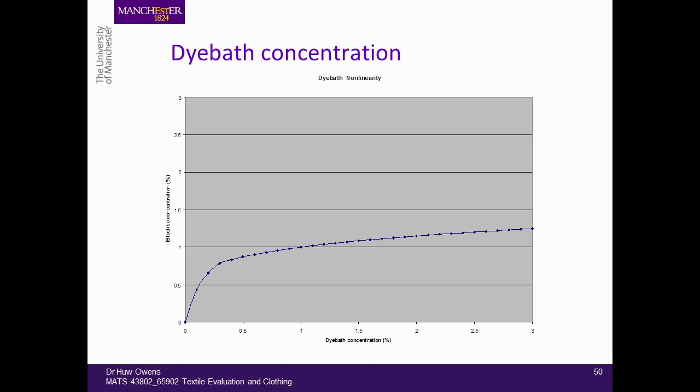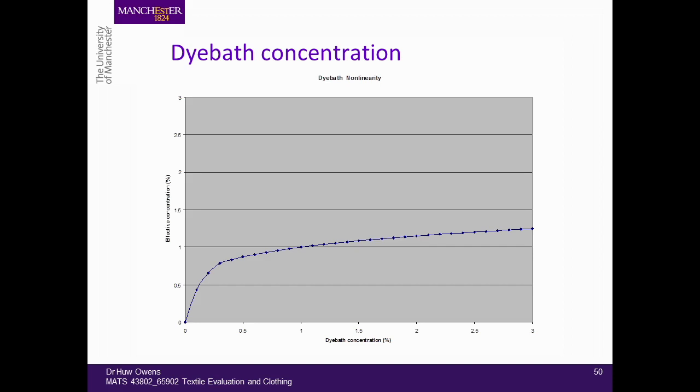One of the biggest problems that we have with dye baths is that they are nonlinear. They build up very quickly at the beginning. This is the contribution of the dye, the concentration in the dye bath. This is the effective concentration. We start off with a white piece of fabric.